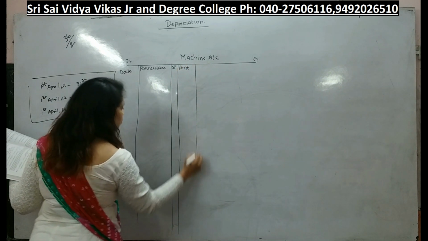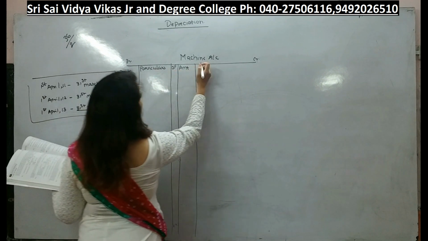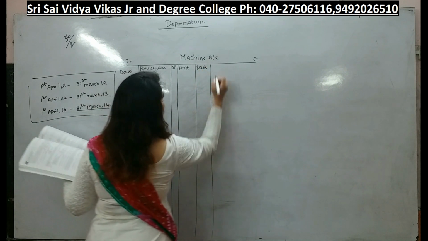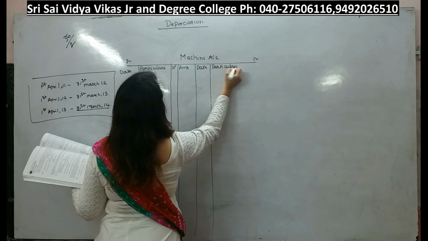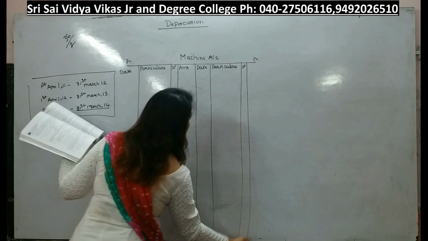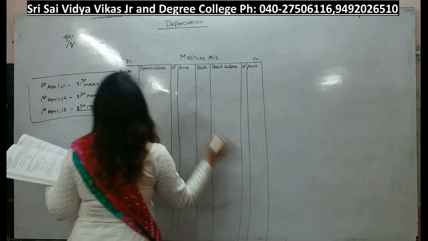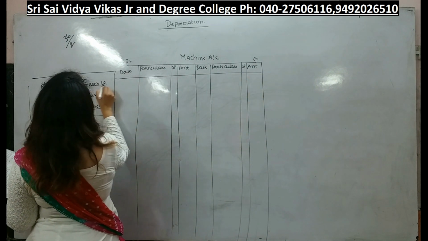This is going to be our debit side. Same at the credit side we will have similar columns: date, particulars, JF and amount.